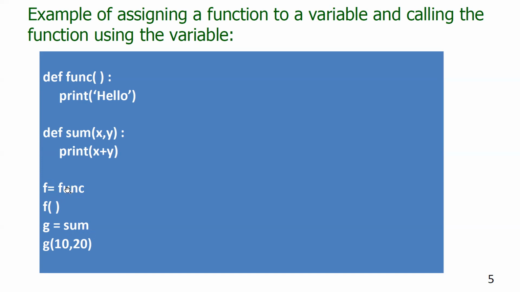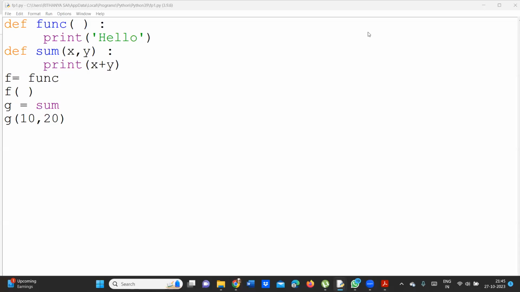Now here the function is assigned to variable f, and by using the variable f parenthesis, we are calling the function func. In the same way, the g variable is assigned the sum function, and we are calling the variable name g, and we are passing two arguments 10 comma 20. So it will print the sum. Now we will see the execution of this program.